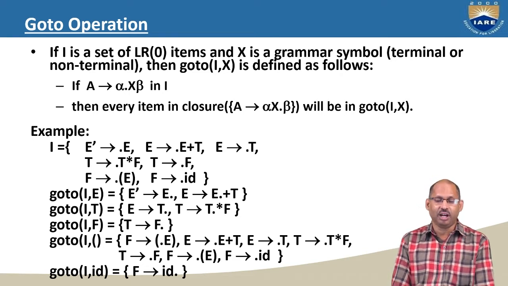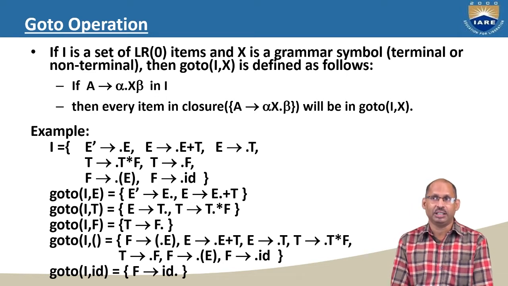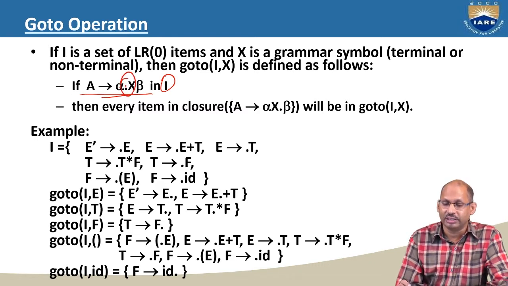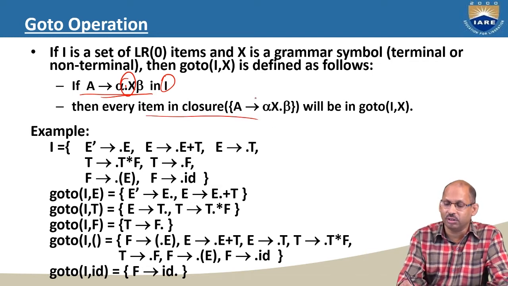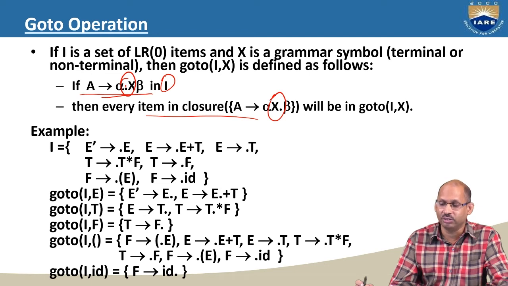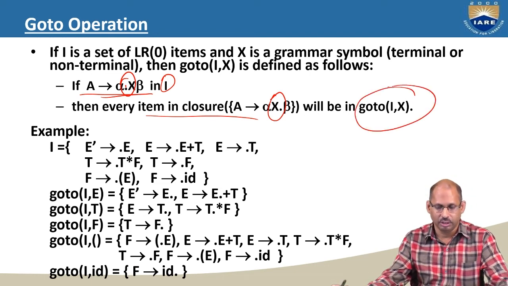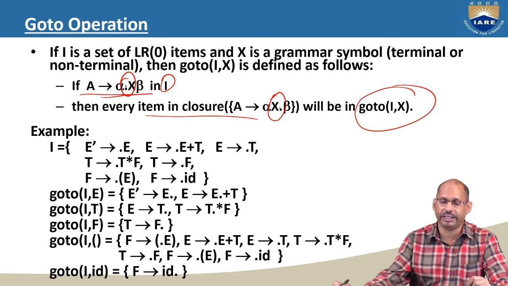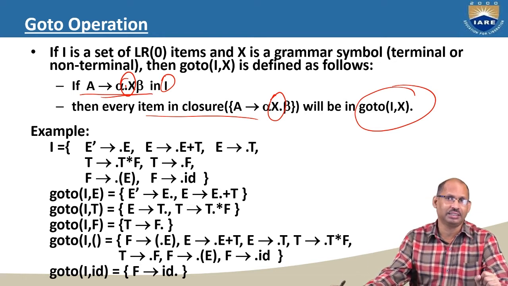If I is a set of LR(0) items and X is a grammar symbol, it might be a terminal or a non-terminal, then Goto(I, X) is defined as follows. If A gives alpha dot X beta is a production in I, then every item with the dot moved to X dot, on symbol X, will be in Goto(I, X).